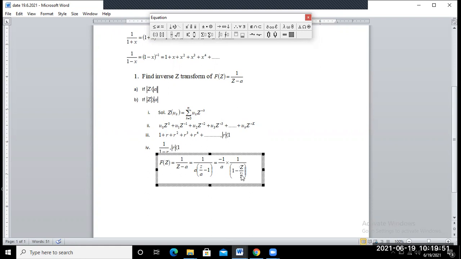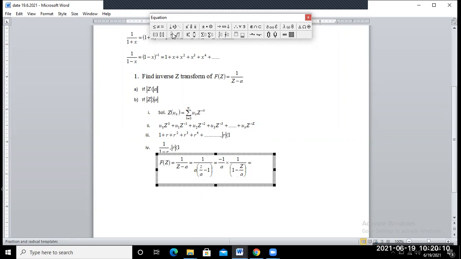Here r equal to how much? z by a. And if you take the inverse of this one, then you may write it as 1 minus z by a whole to the power minus 1, in this form.